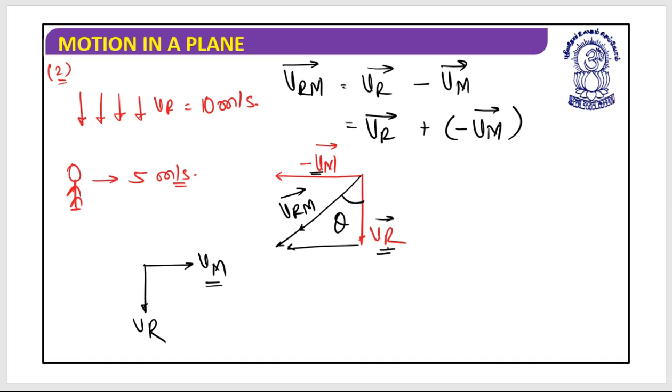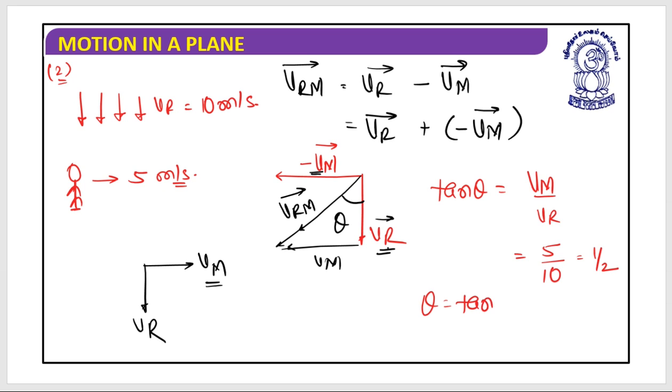So tan theta equals VM divided by VR. VM is 5, VR is 10, so it's 1 by 2. So theta is equal to tan inverse of half.